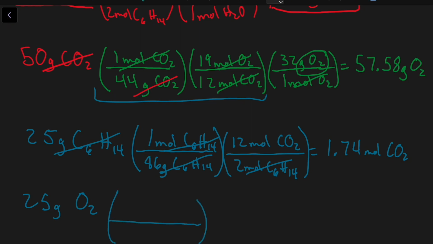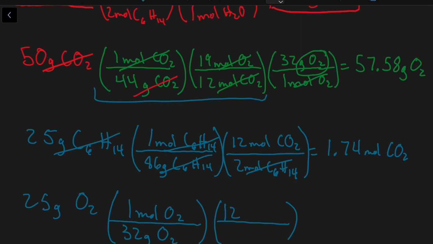On the other hand, we have 25 grams of oxygen gas that has the 32 grams of O2 in 1 mole of O2. And the ratio for this, it's 12 and 19.